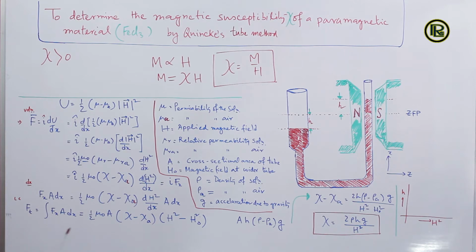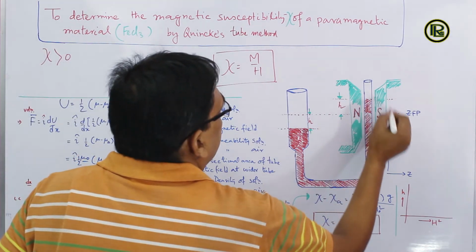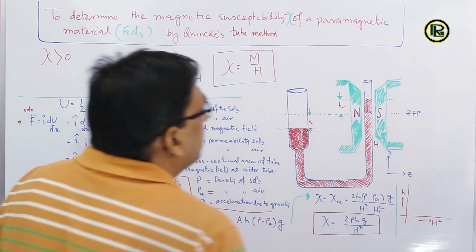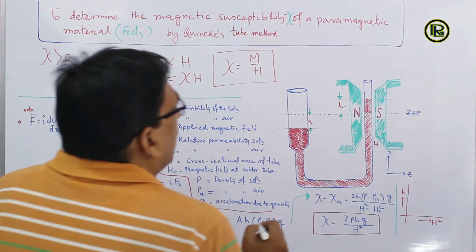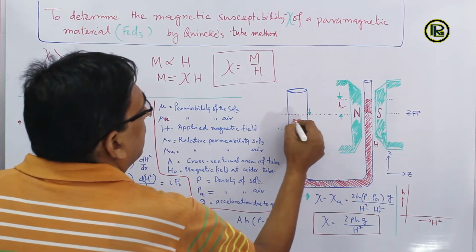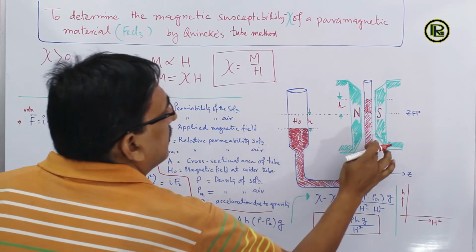And this becomes half mu naught A chi minus chi A H square minus H naught square. Here this H is the field within this pole pieces. So here the magnetic field is H, and the H naught is the field here in this region.